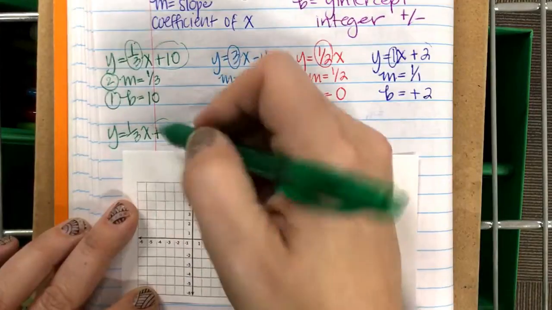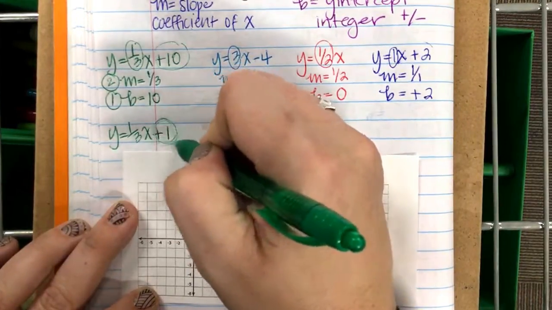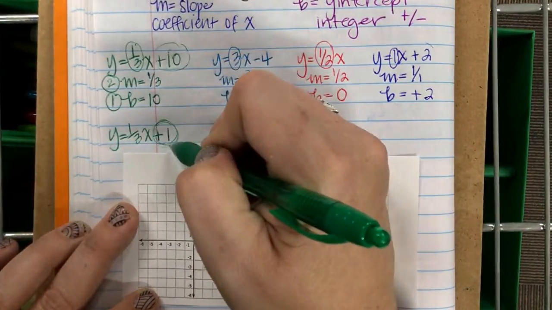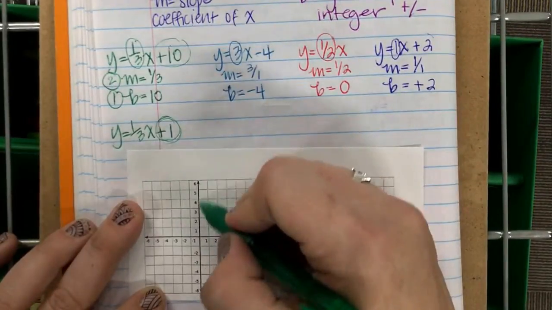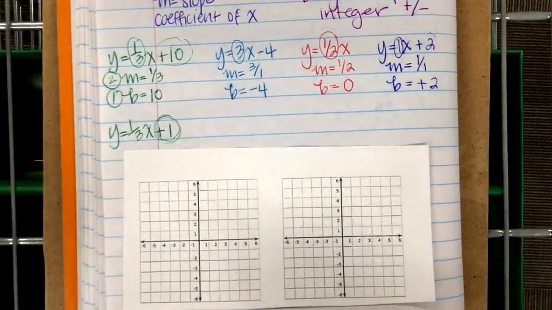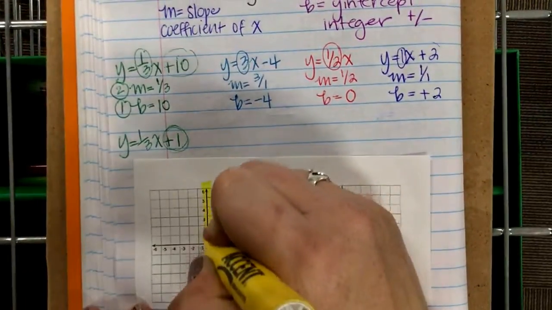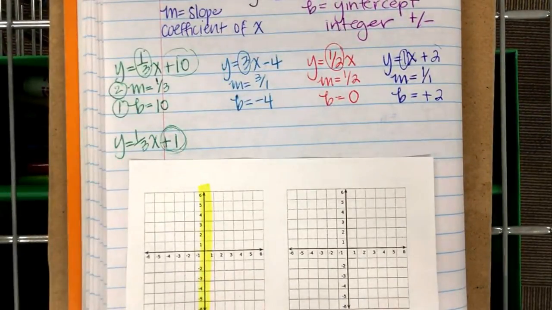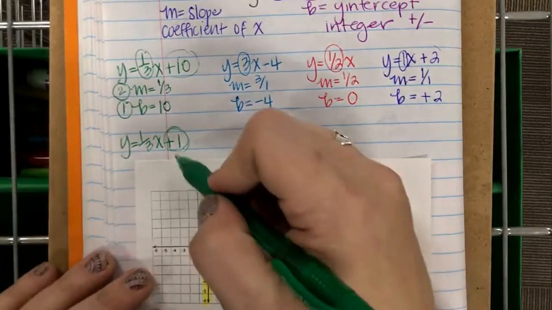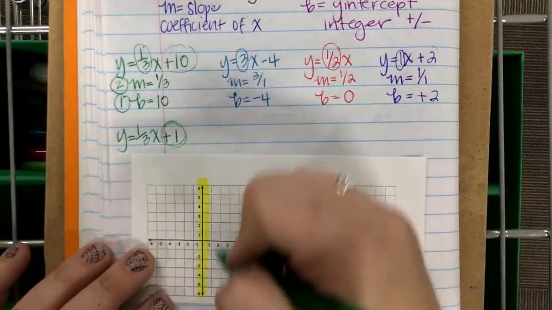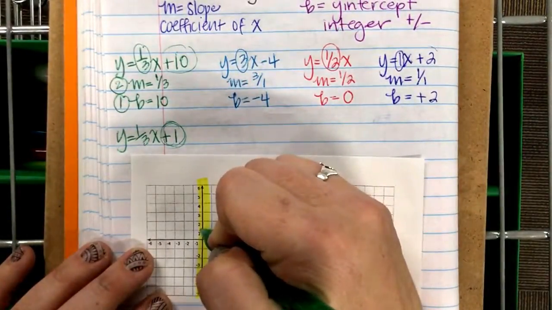So my intercept, I changed it from 10 to 1. So I'm going to find the y-axis. I like to highlight the y-axis because that's where I'm going to start. The y-axis is where I start. That's my y-intercept. So I'm going to go up 1 and put a dot.